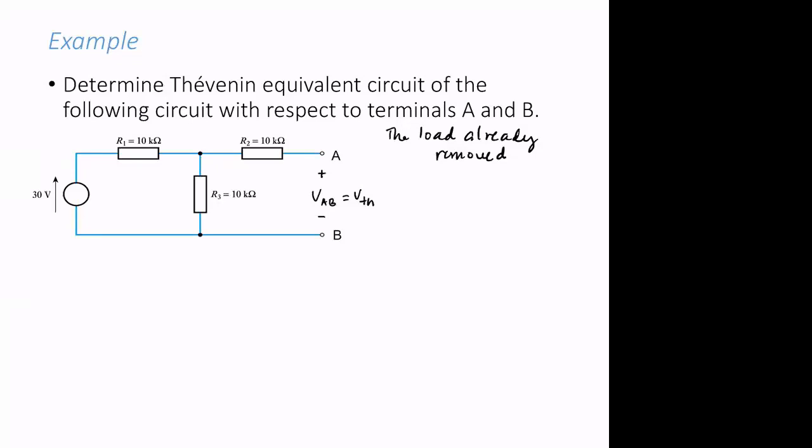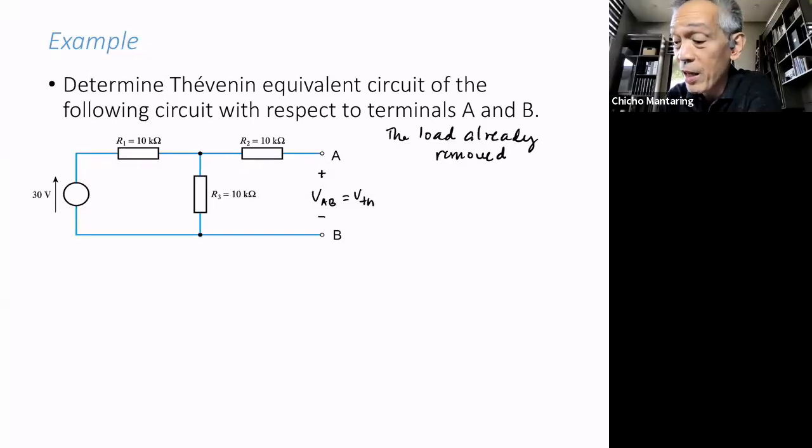0 po, sir. Yeah, that's right, 0, kasi open circuit. Therefore, ano yung voltage across R2? The voltage across R2 will also be equal to 0 because you have no current, so you have no voltage.